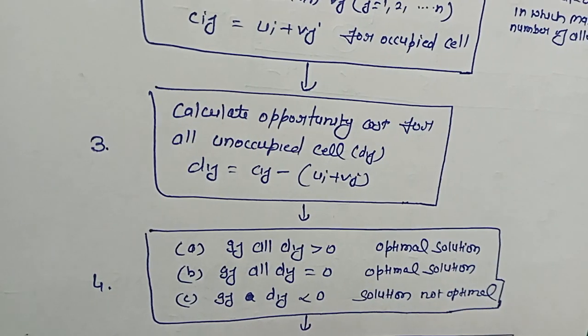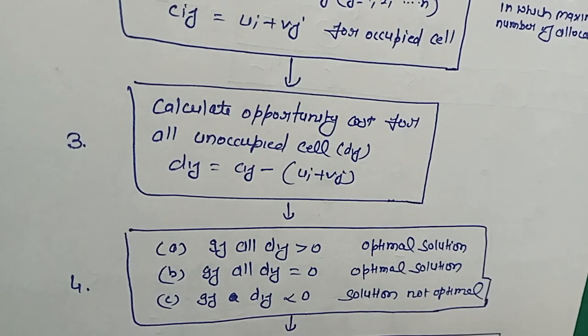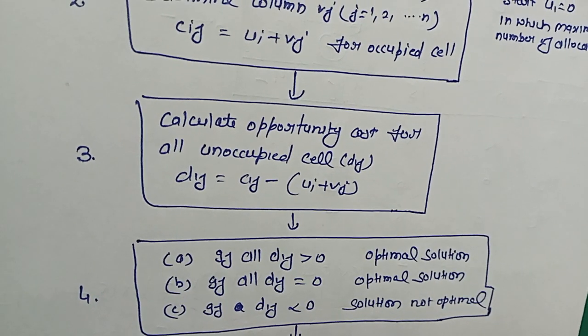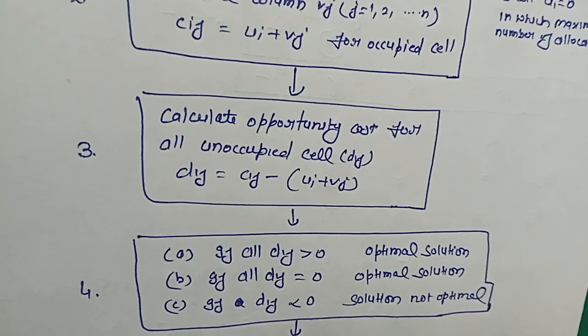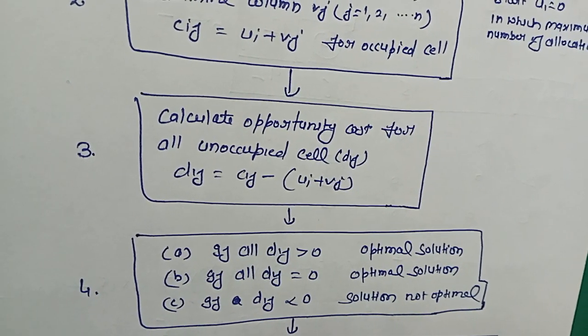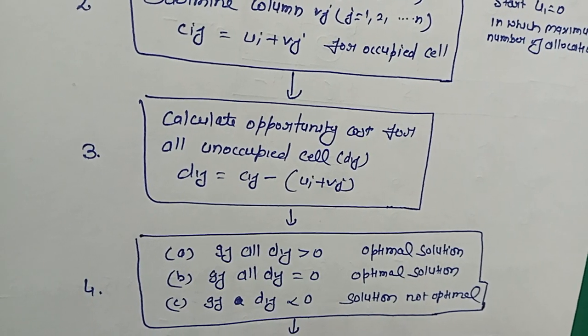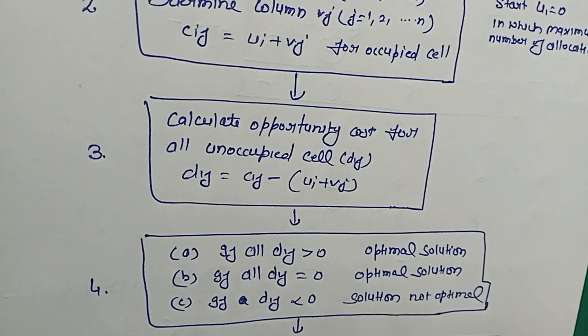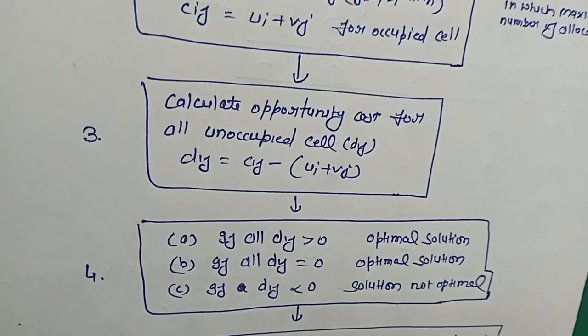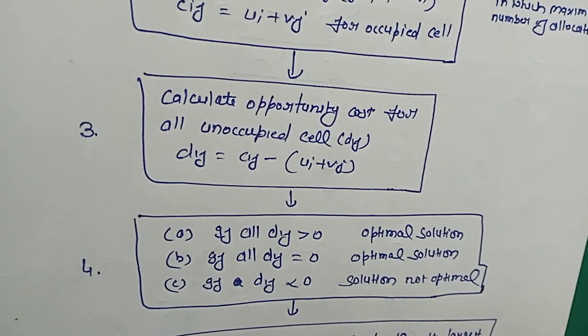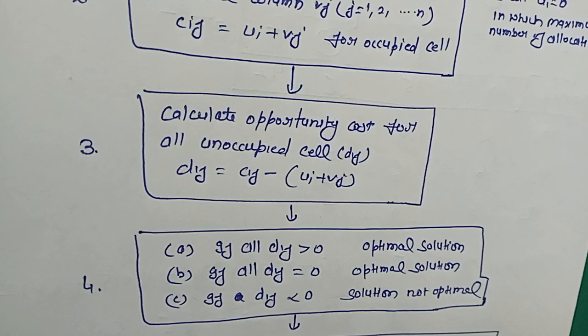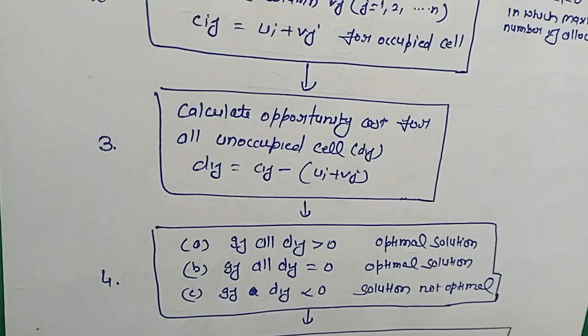Here we find that if all Dij are greater than 0, then the optimum solution is reached. Alternatively, if all Dij are equal to 0, then the optimum solution is reached, but an alternative solution exists. And if any Dij is less than 0, the solution is not optimum.